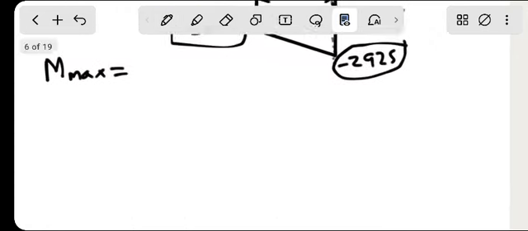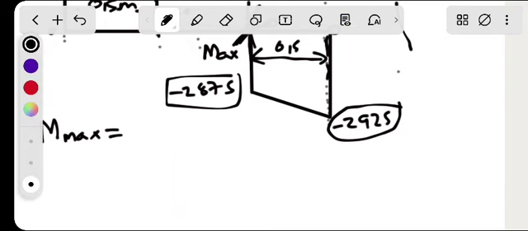So the maximum bending moment, after calculating this, all that I know will be the reaction that is close.